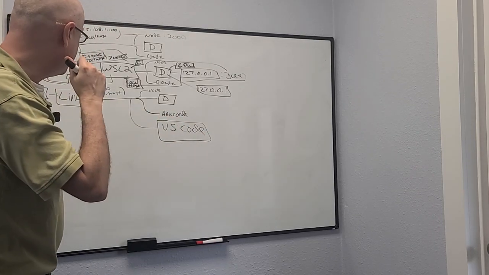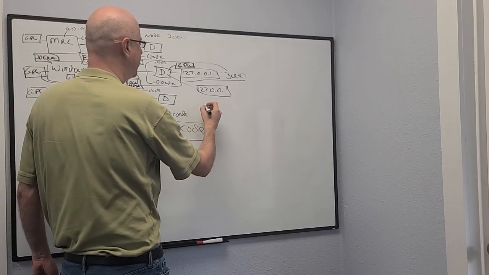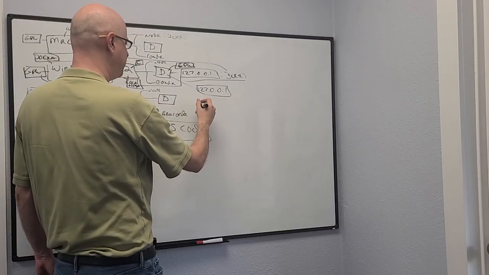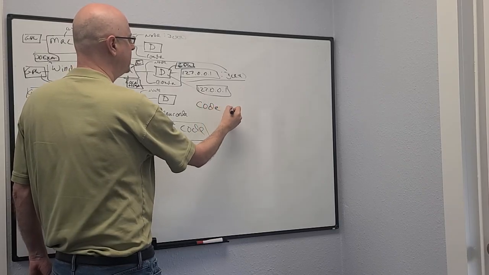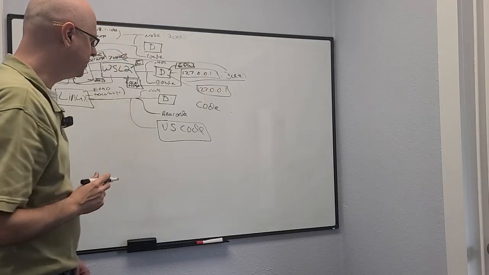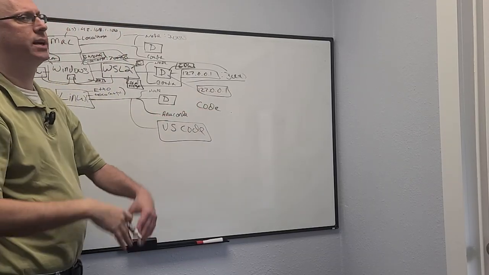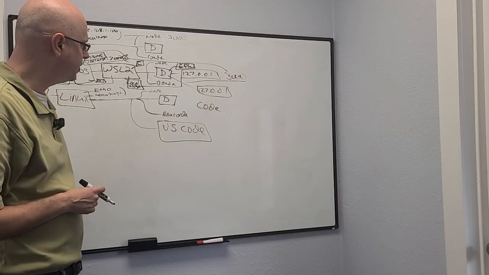We can call VS Code by being in a directory and running the command code space dot. If we run code dot in whatever directory we're in, and we have VS Code installed, it's going to fire up VS Code.